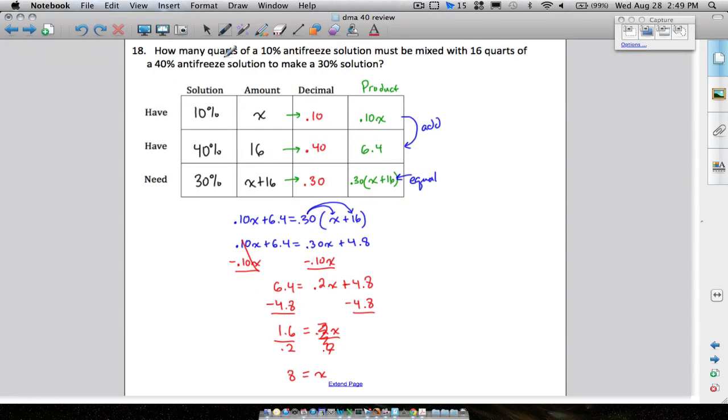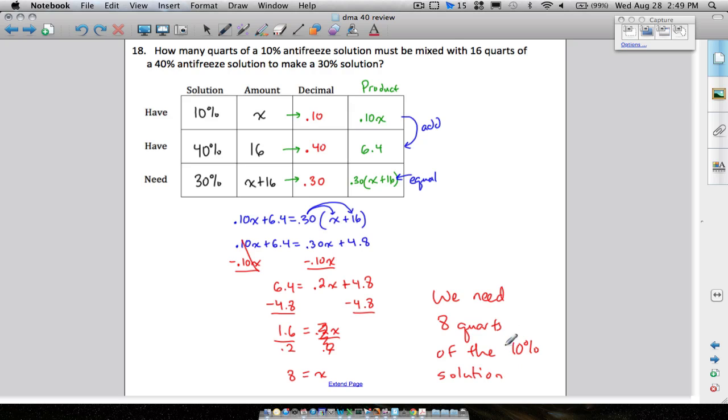The question said, how many quarts of a 10% solution? Well, if you look at the table that you filled out, that's exactly what we have right here. We're trying to find the amount of the 10% solution. Well, we need 8, but we need what? We need 8 quarts of the 10% solution.